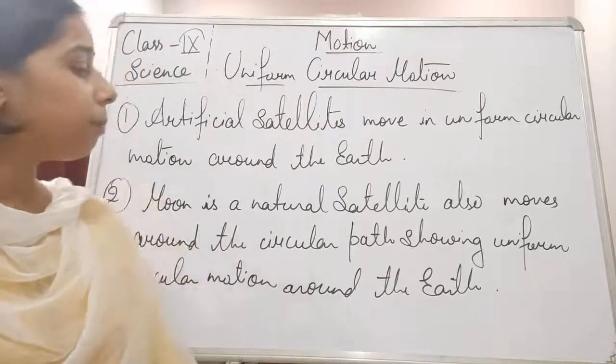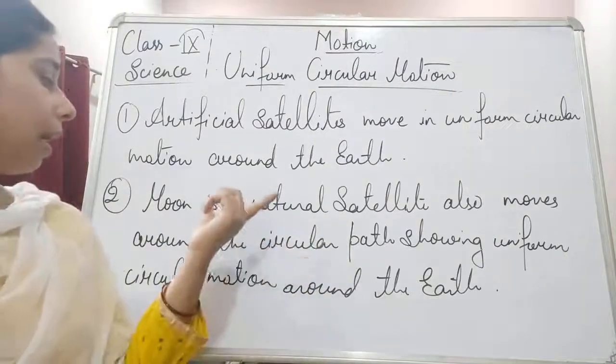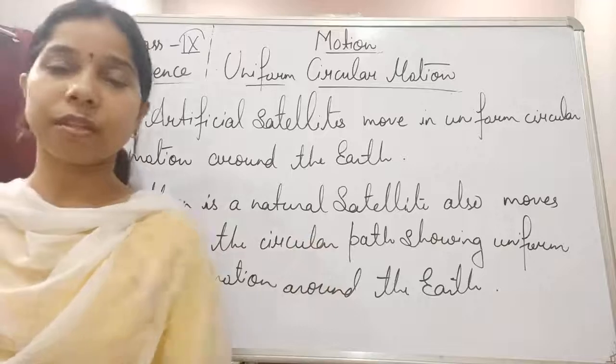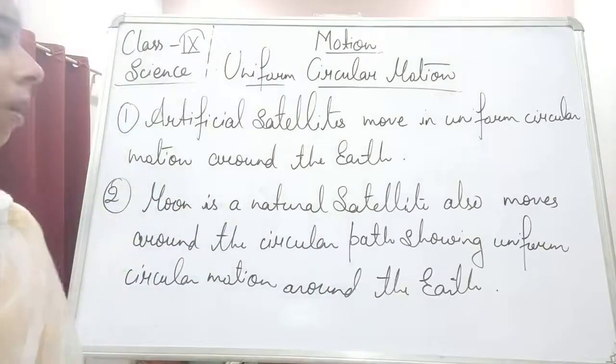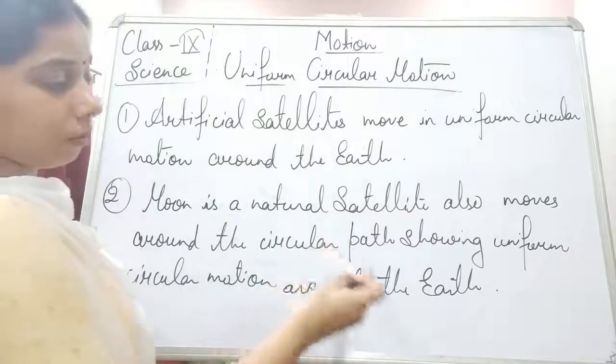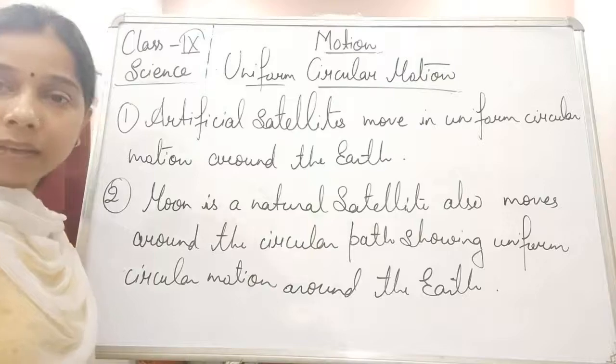So these are the two examples, the artificial satellite and the natural satellite, which rotate around the earth. Either it can be artificial or natural.